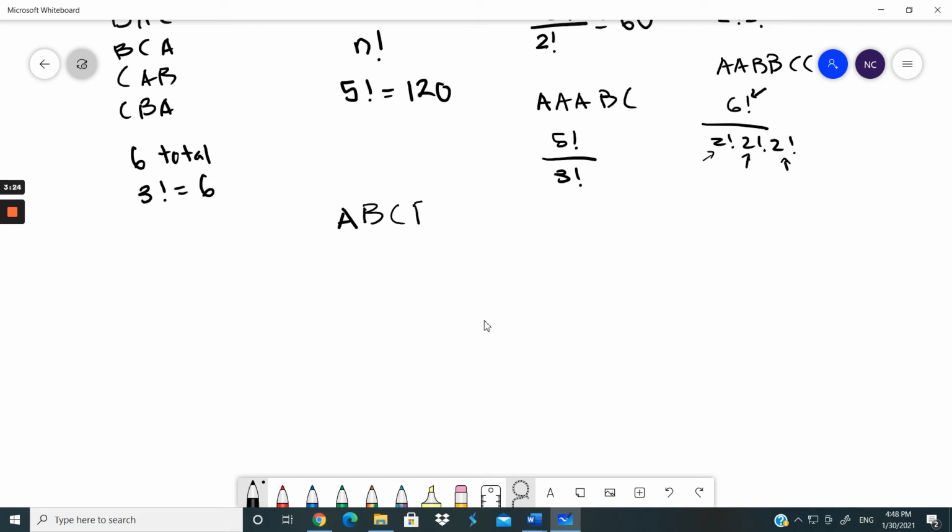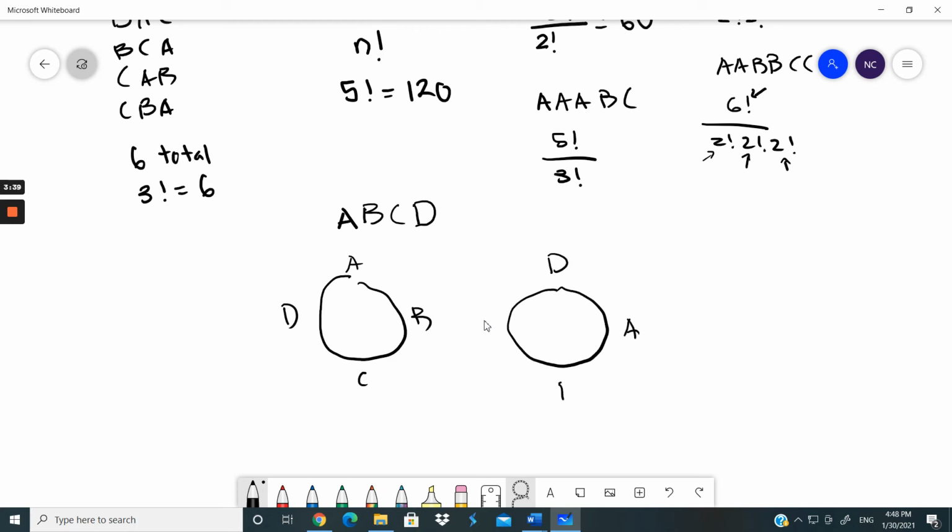So let's take how many ways can we arrange A, B, C, D in a circle. The problem with a circle is if we arrange it like this, C, D, it's actually exactly the same as arranging it like this, because we can rotate this one 90 degrees to get this one. So there are fewer ways to arrange in a circle.